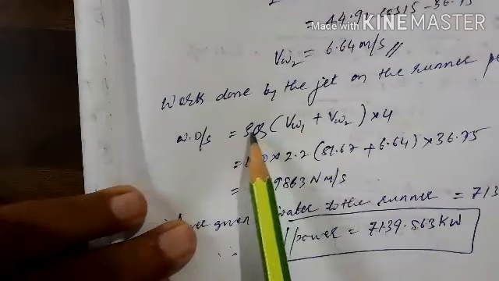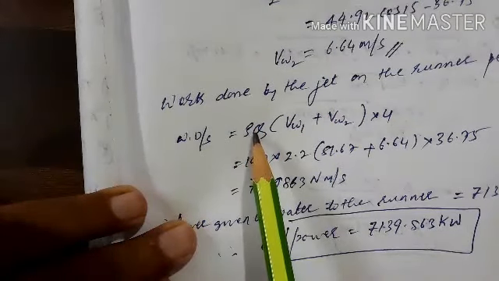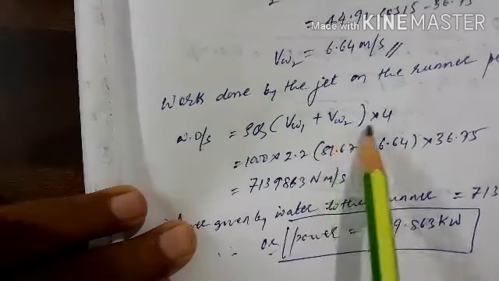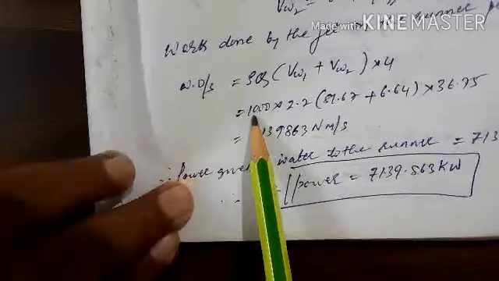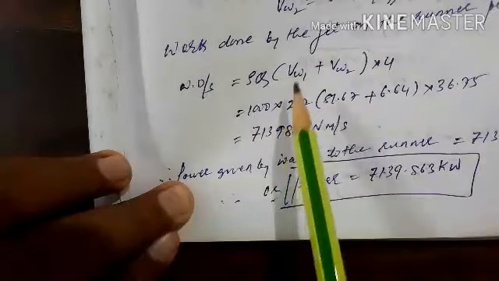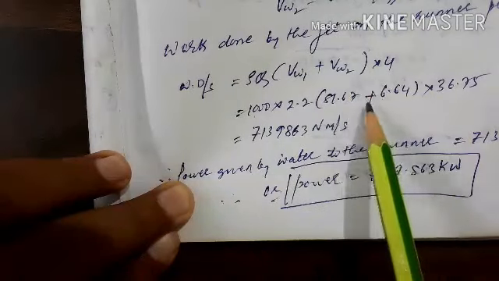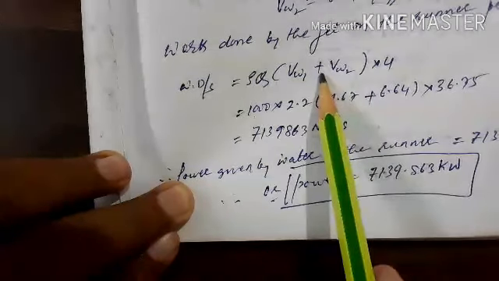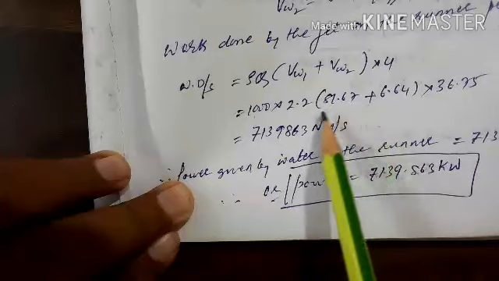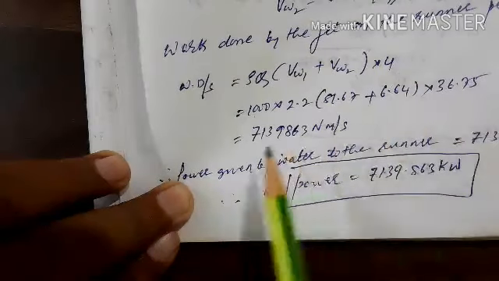Actually this is Q equal to a into v, then this is mass per second, then vw1 plus vw2 into u. Substitute the values of rho, that is 1000, then Q is 2.2 given, then vw1 calculated, vw2 also calculated. Why plus? Because the beta is acute angle at outlet velocity triangle.